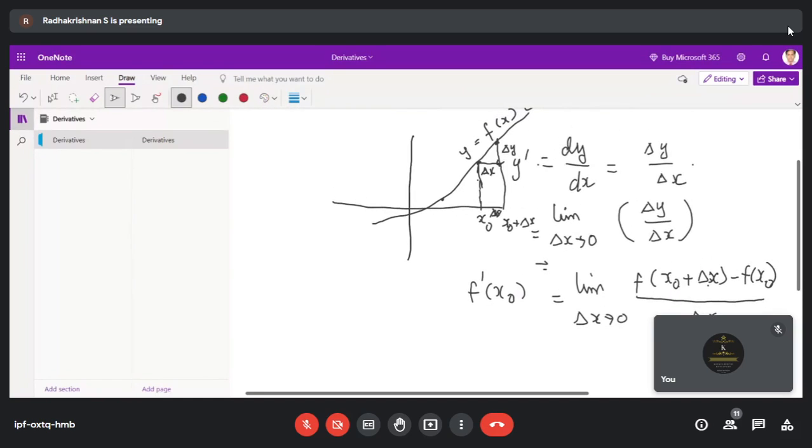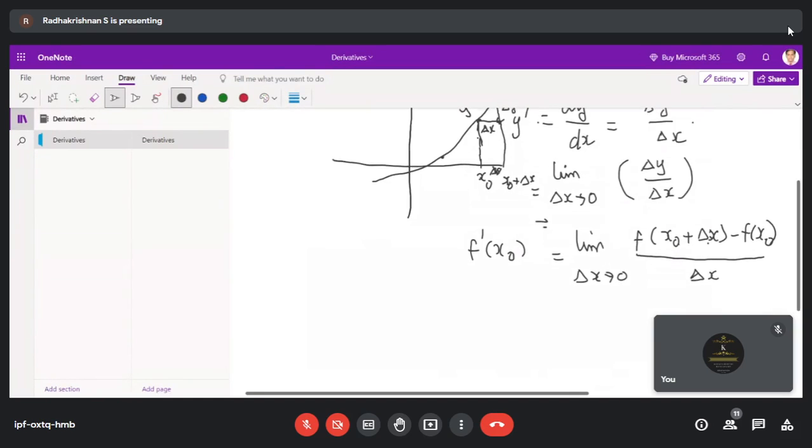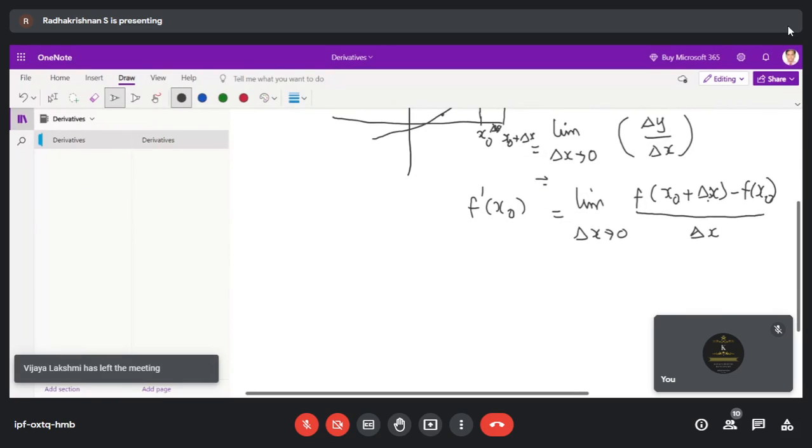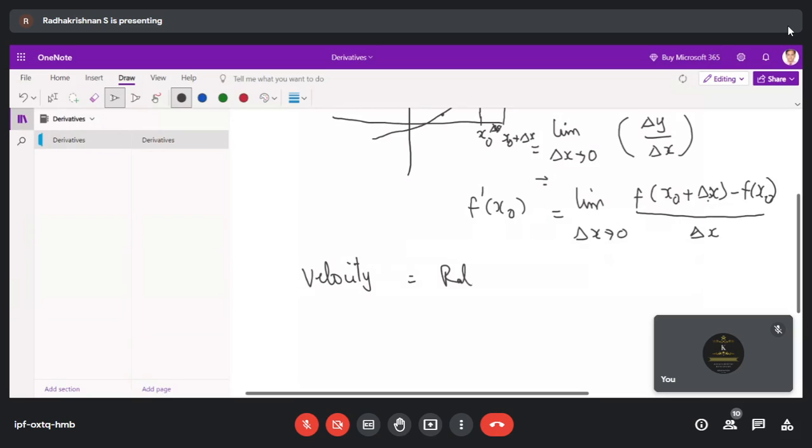Okay, இது ரொம்ப useful நமக்கு எப்படின்னா suppose we know that velocity equal to rate of change of motion or displacement. Velocity equal to rate of change of displacement.